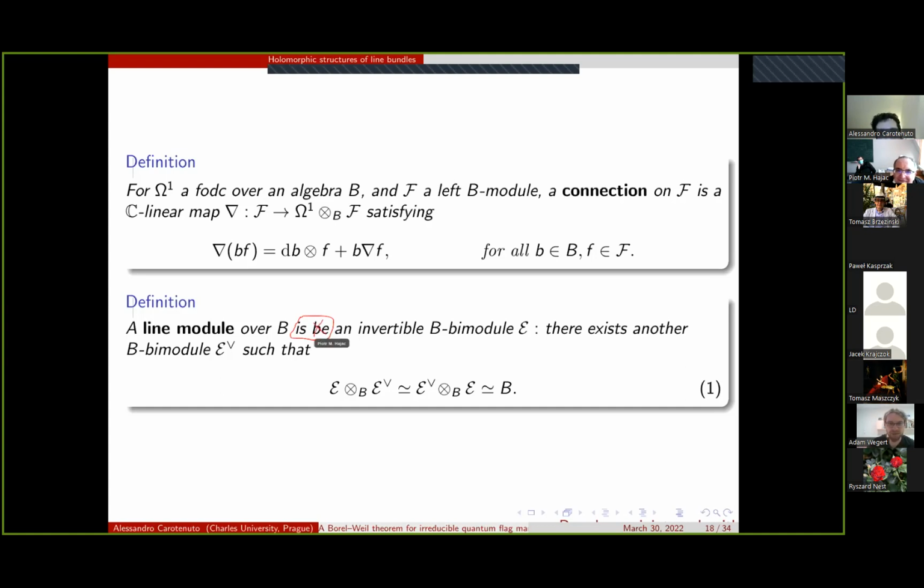A line module over B. The module over B, so there are two appearances of B, but these are different. Yes. There is one capital B as well. Yes, I guess you can put it like that. Okay, B-bimodule. Sorry for the typo. Can I go on? Yes, of course. Go ahead.